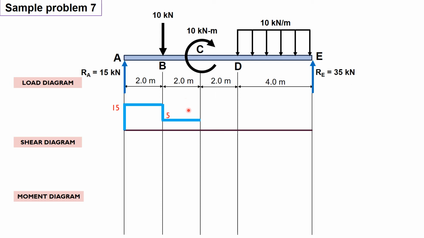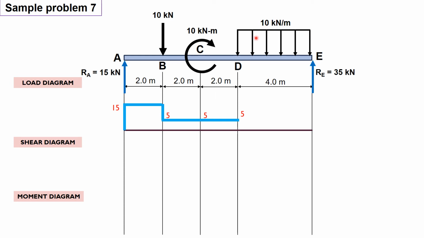Then, to continue from C to D, there is no load. So, still, you have 5 kilonewtons as shear. Then, between D and E, you have uniformly distributed load. So, para makuha mo yung ordinate dito, from positive 5 sa D, you subtract this because this is downward.